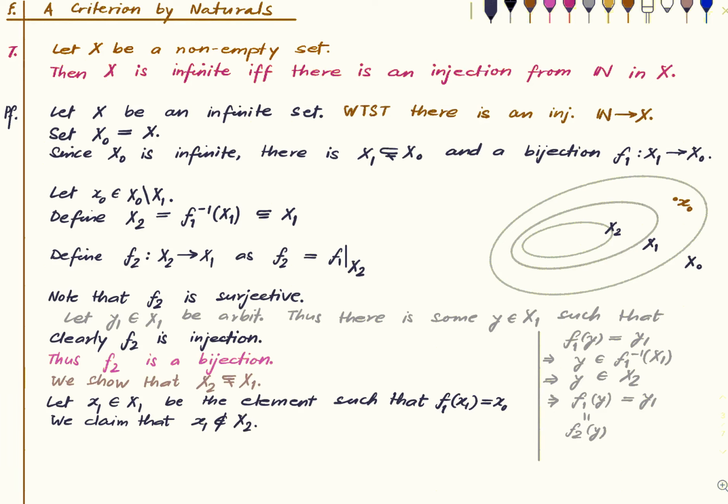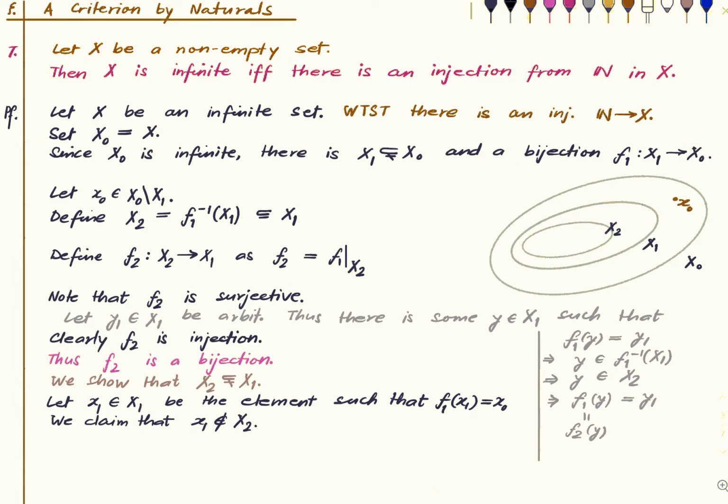If the point x1 lay in X2, then what would happen if you apply F1 to it? Applying F1 to x1 is the same as applying F2 to x1 because it lies inside X2. F2 is just the restriction of F1 to X2. So if you apply F1 to the point x1, you will land inside X1. You will not go outside X1.